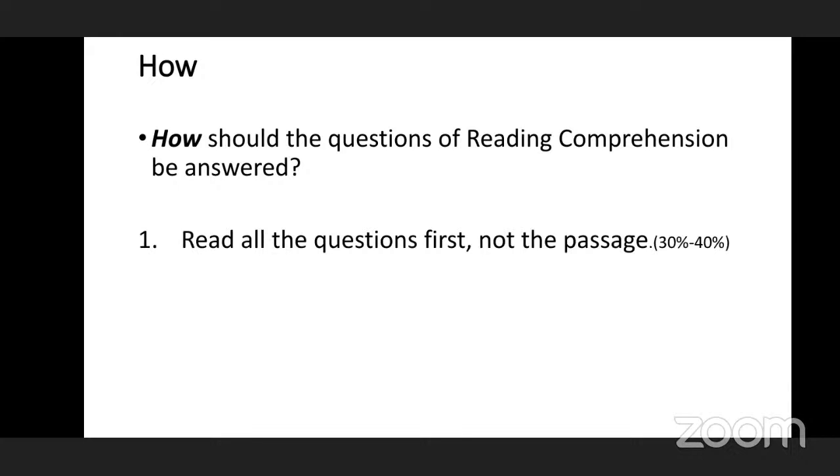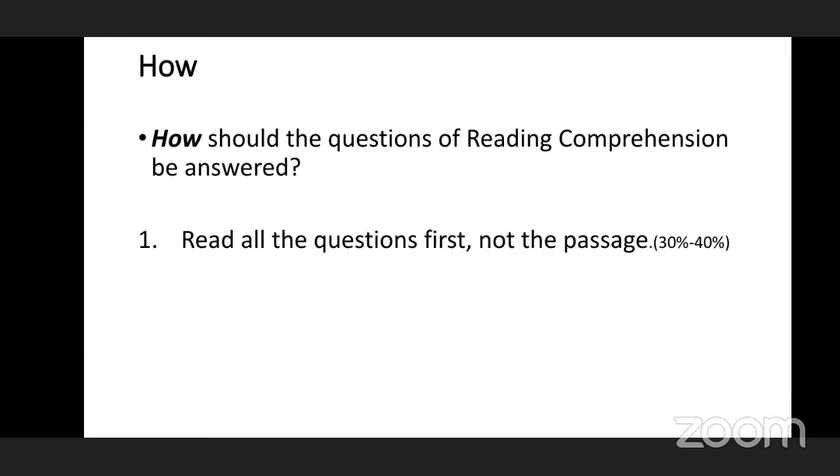Number one, this is my personal plan, my personal strategy for dealing with reading comprehension, and I feel it would definitely work. So the first point to do with reading comprehension is to read all the questions first, not the passage. Yes, of course.